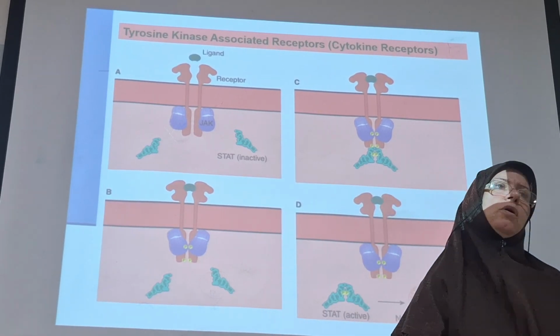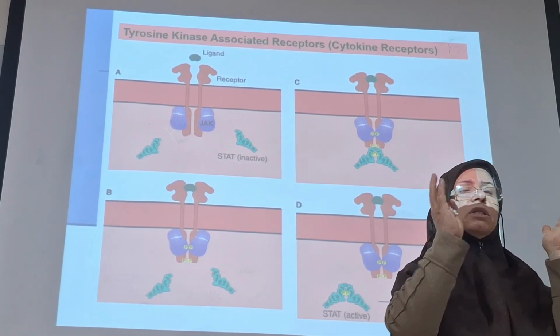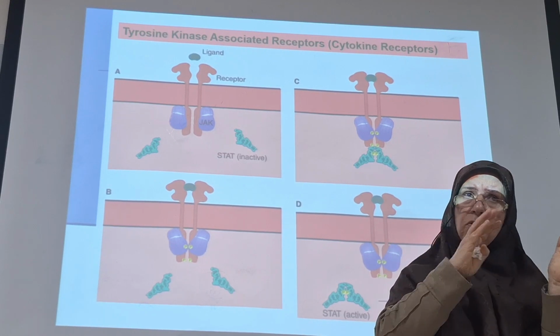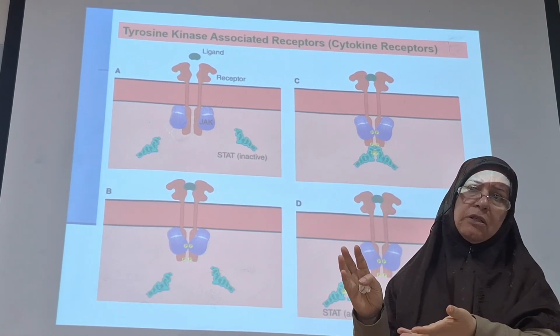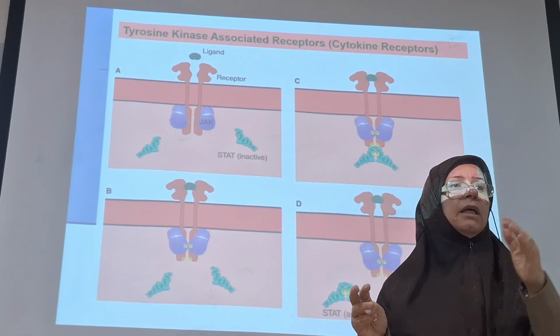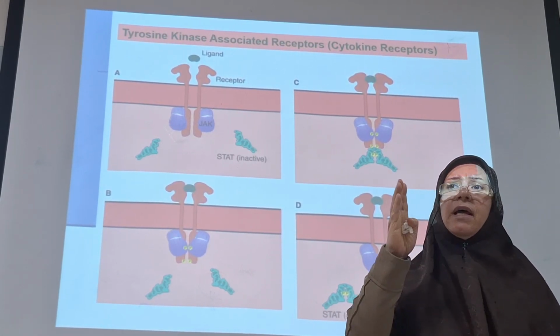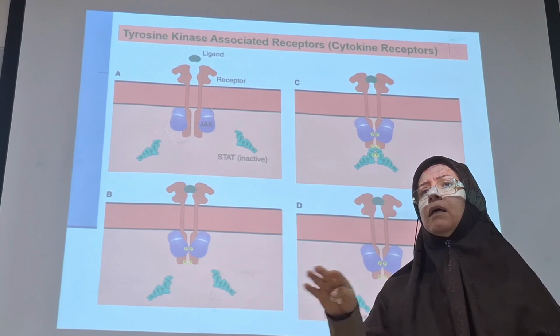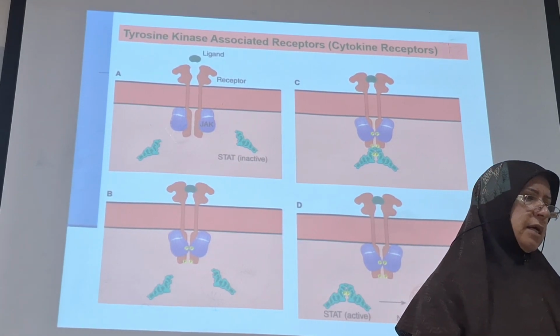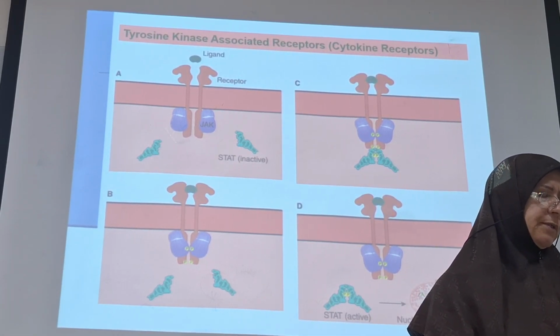Okay. So we have tyrosine kinase receptors and tyrosine kinase associated receptors. Insulin acts via a tyrosine kinase receptor; growth hormone and prolactin act via tyrosine kinase associated receptors.